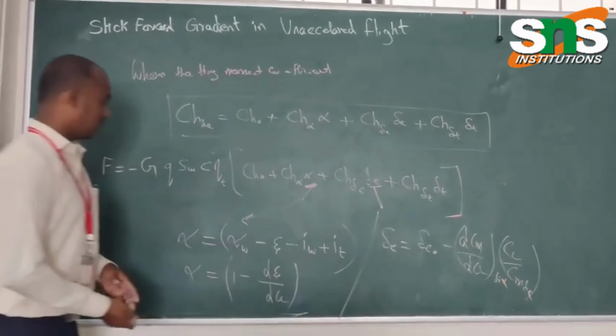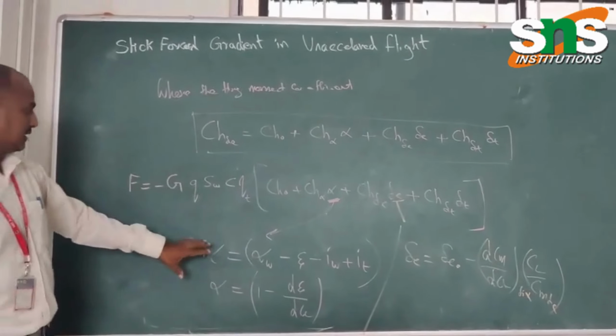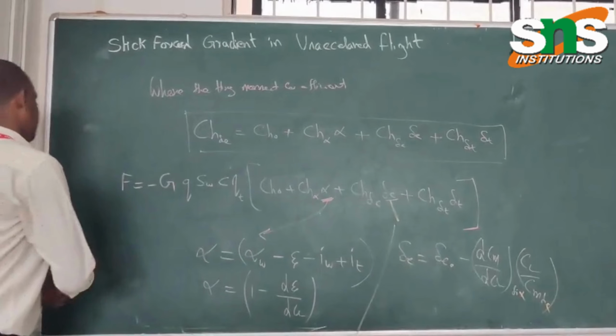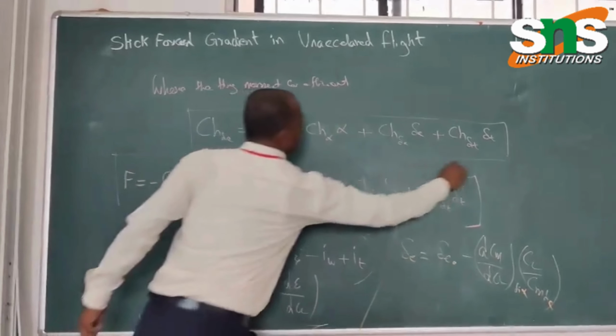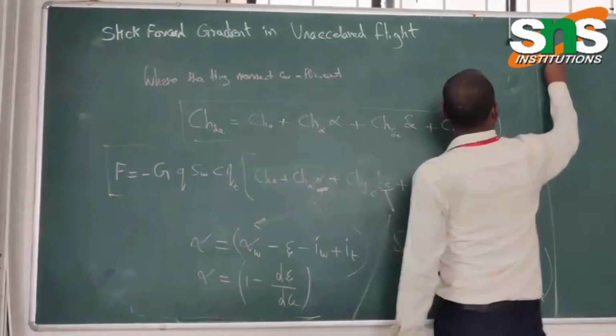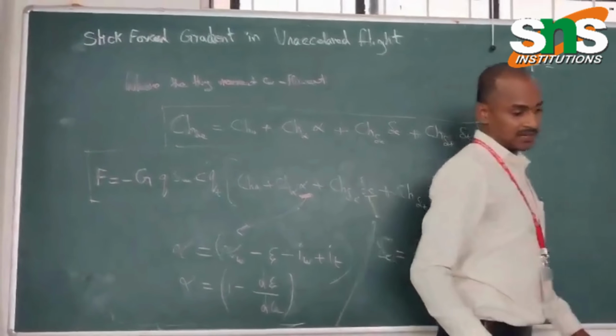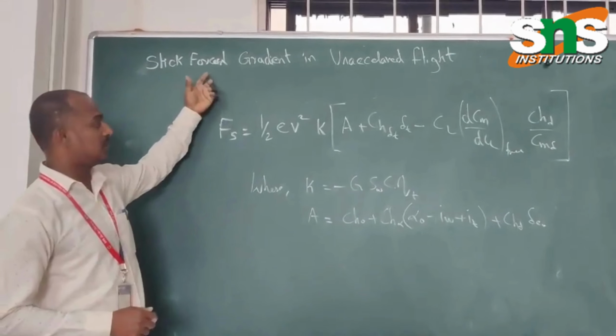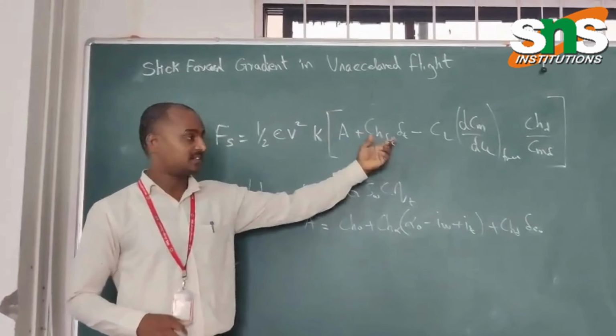Now we can substitute all those things, like the alpha value and the deflection of elevator value. Finally, we rearrange this equation by substituting the alpha and the deflection of elevator.